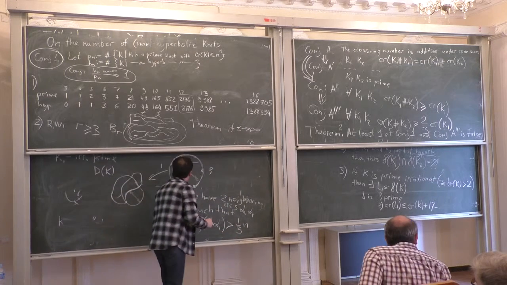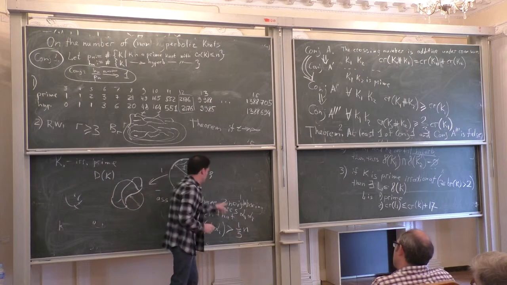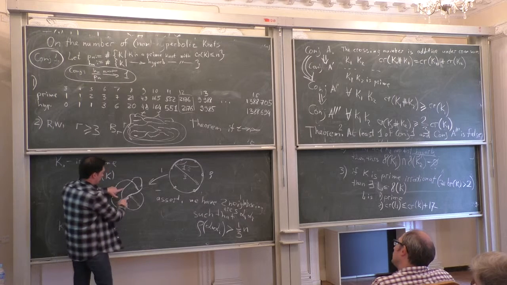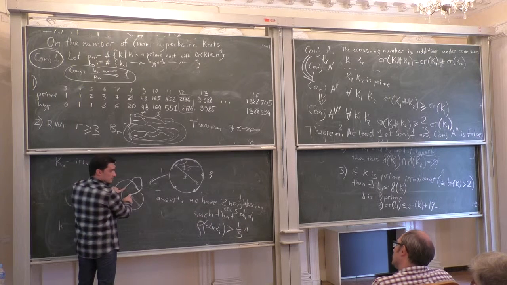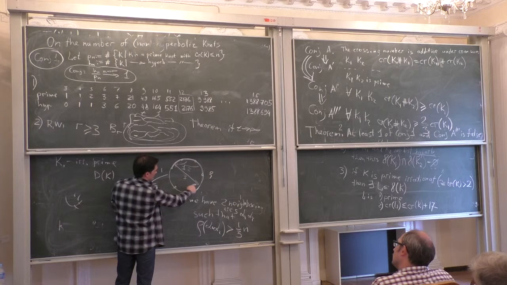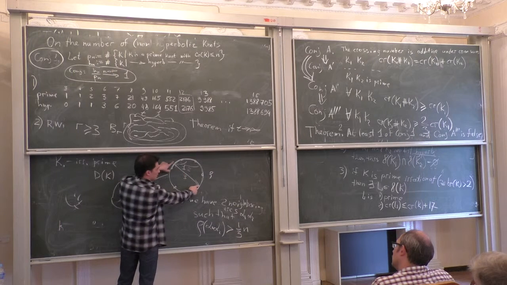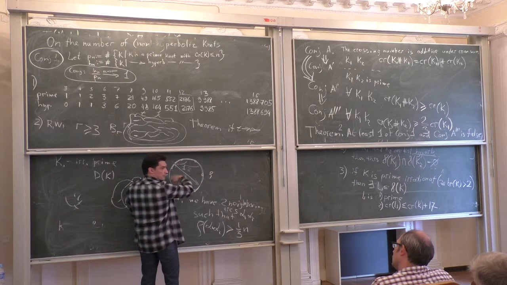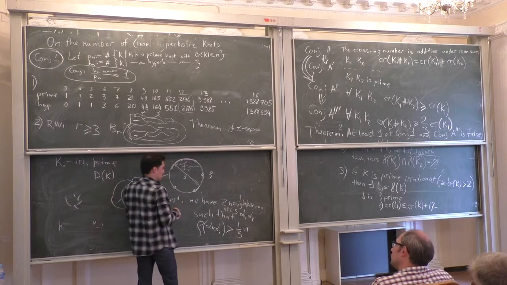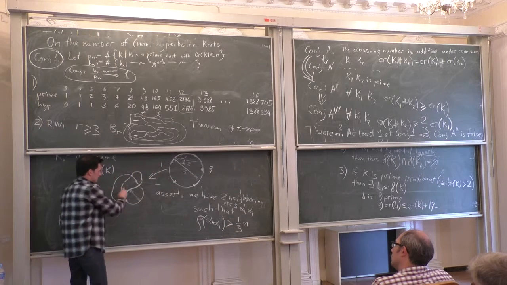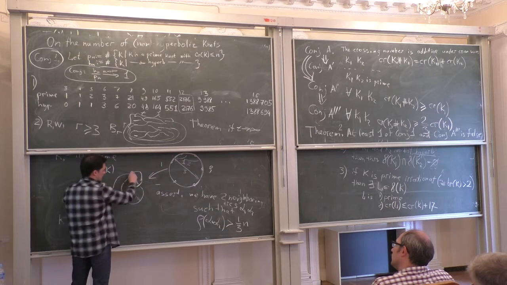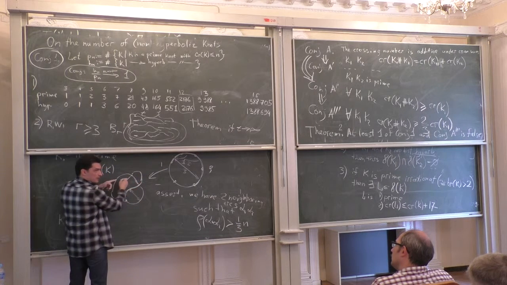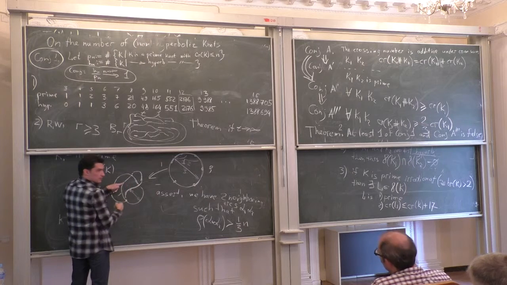So we have a diagram with n crossings, and the assertion is that on this diagram we can find two neighboring arcs such that the distance between these two arcs would be at least 1/3 of the total. So we have two arcs, so the path, if we go along the diagram, is long between these two arcs.